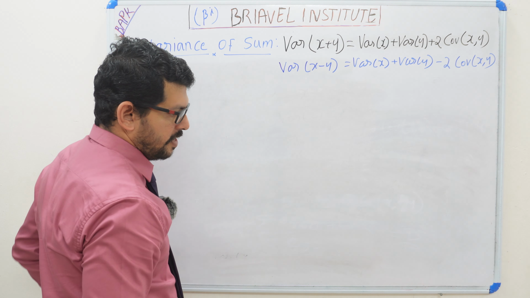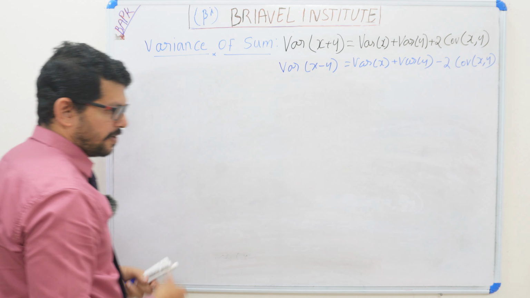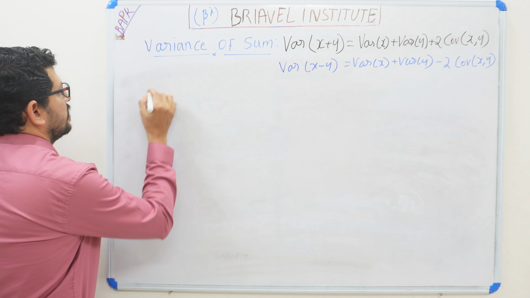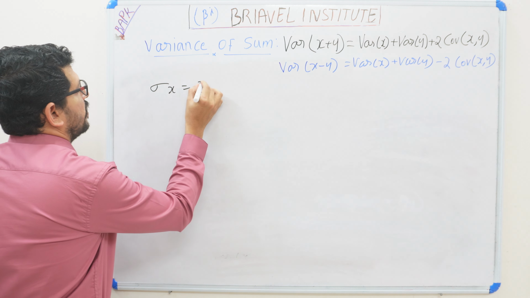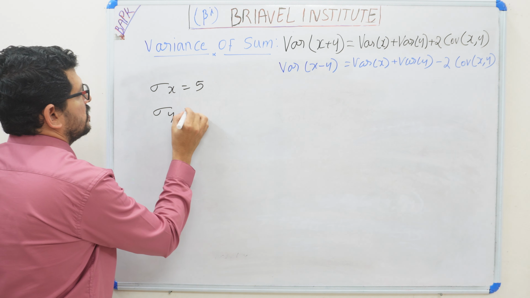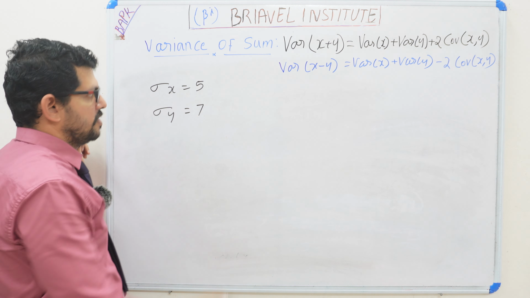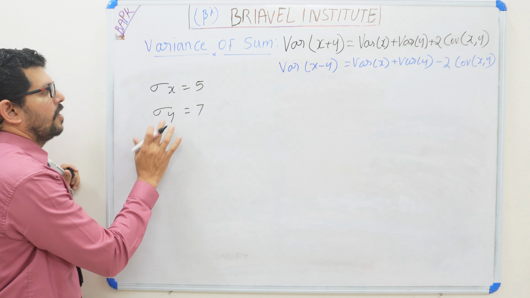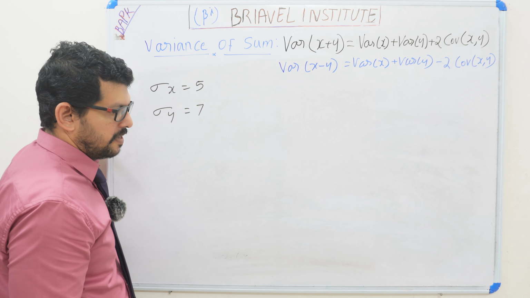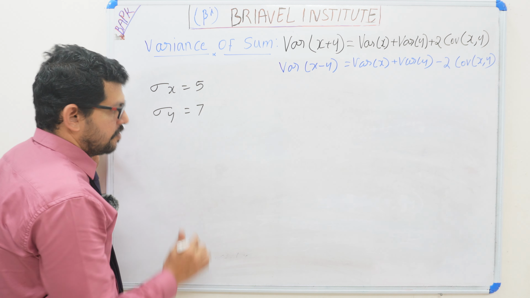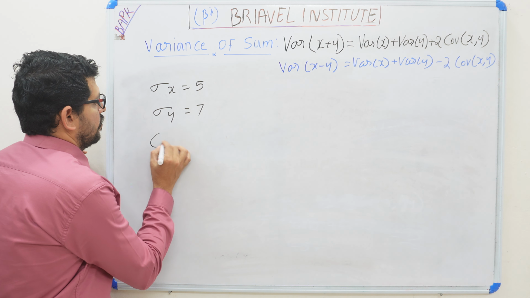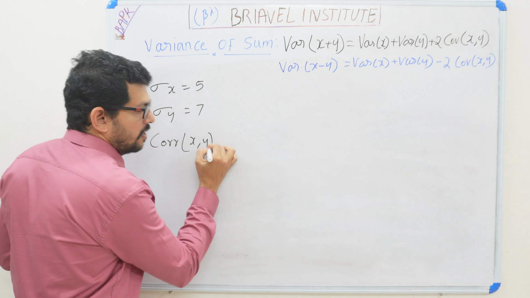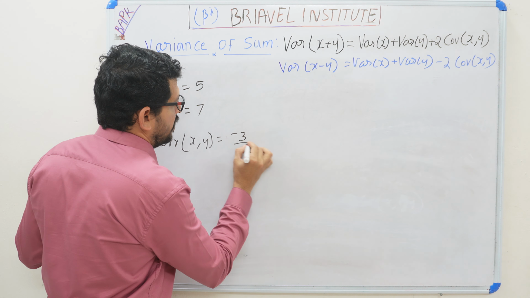Random variables X and Y are jointly distributed with standard deviations sigma X equal to 5 and sigma Y equal to 7. And we are given that the correlation of X comma Y is equal to minus 3 divided by 7.